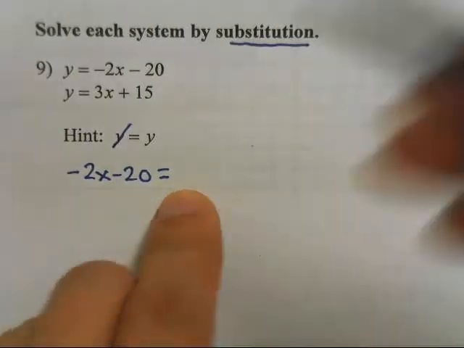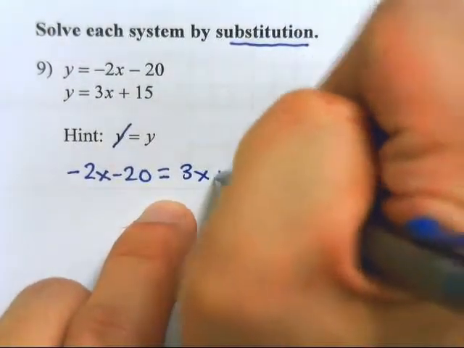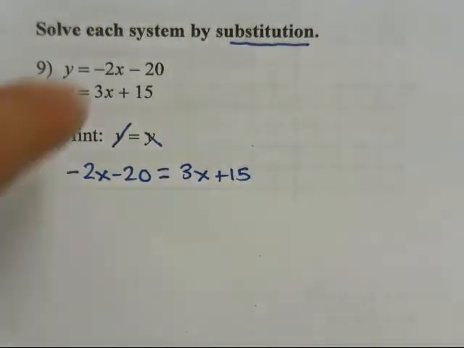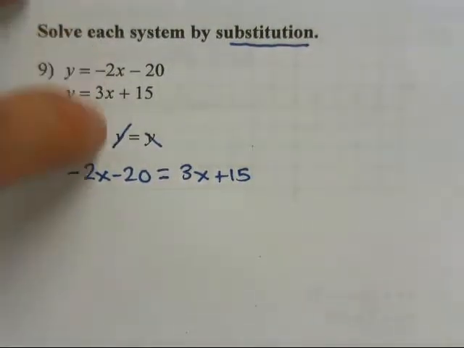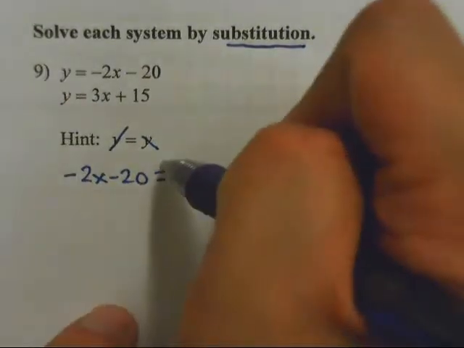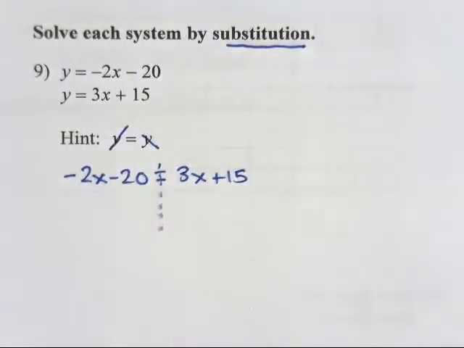Three x plus 15. 3x plus 15. Okay? Since they're both equal to y's, they're both equal to each other. So put this on the left and put the second one on the right. Okay. Now it looks like something you've been solving.